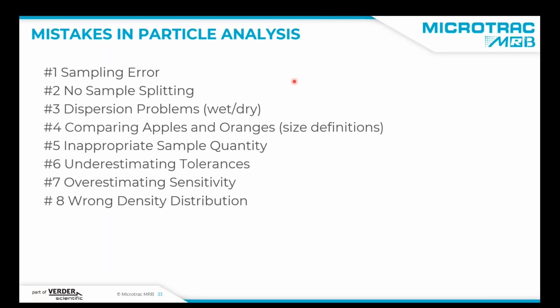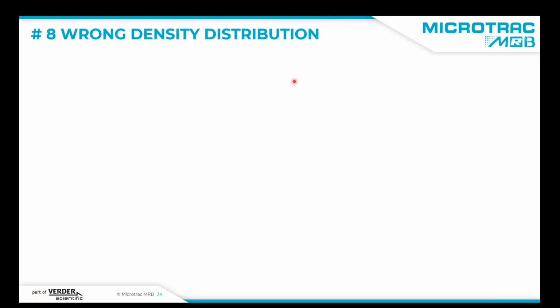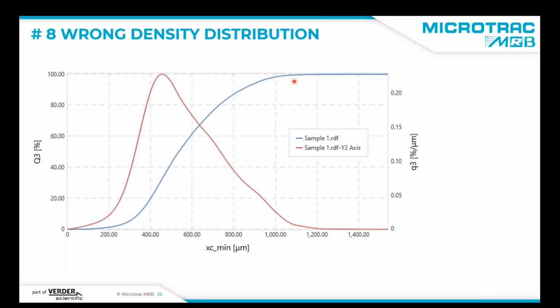Okay, number 8 is a topic related to evaluation and to how particle distributions are represented in a graph. I have shown you during the previous examples almost only cumulative distributions, so curves like this blue one here. But for some reason, many people like to look at density distributions. That would be this red curve here.